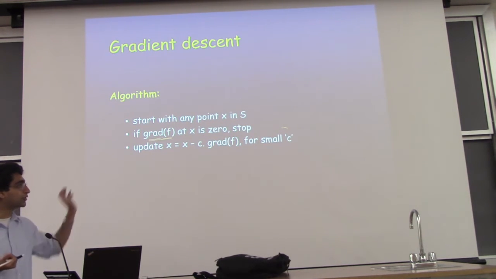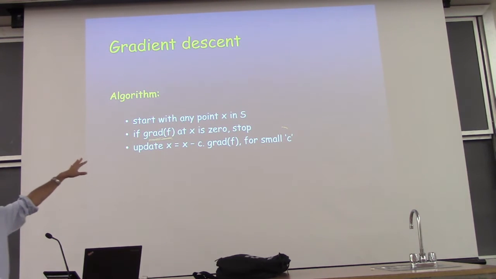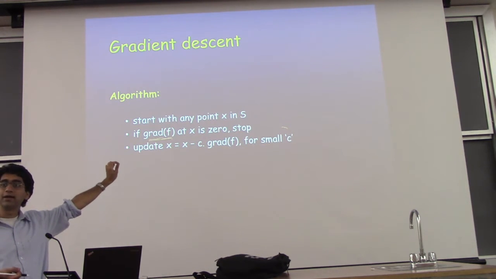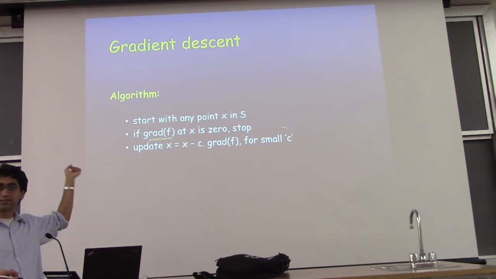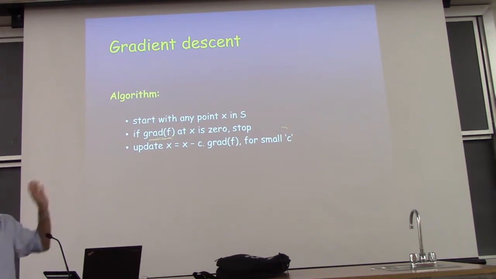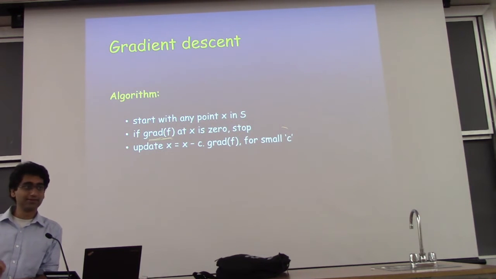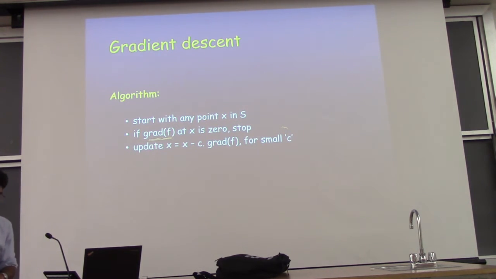So for those of you who know, this is just a concrete way of implementing the local search that I just mentioned before. And for those of you who don't, don't bother. If you know a little bit about gradient calculus, this is easy to see. So this just gives a concrete way of doing local search.